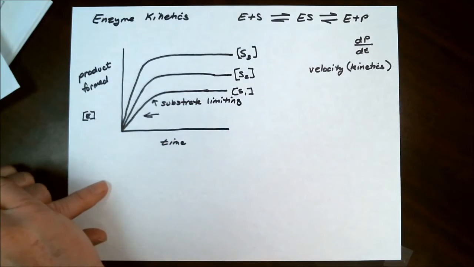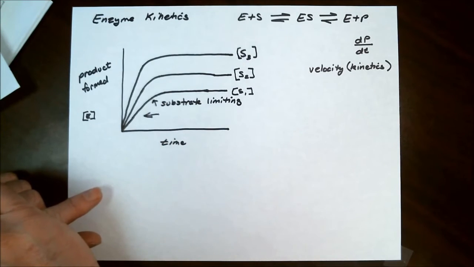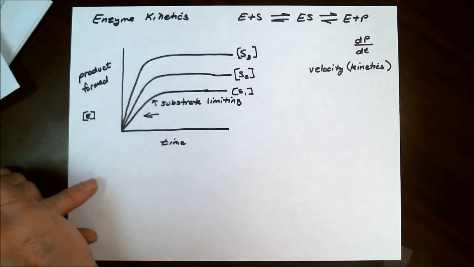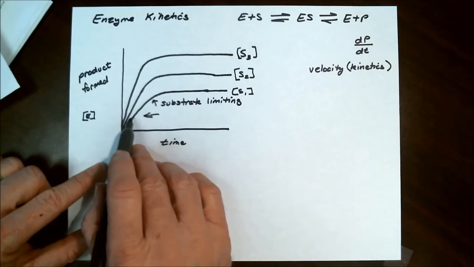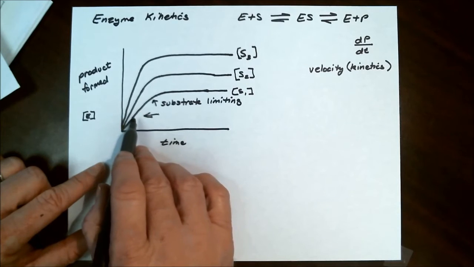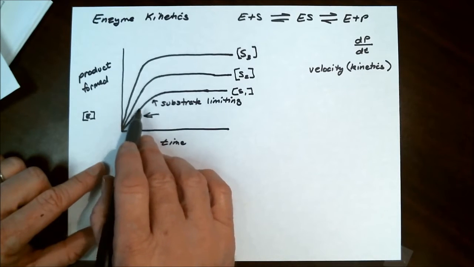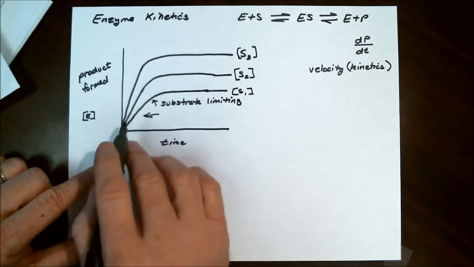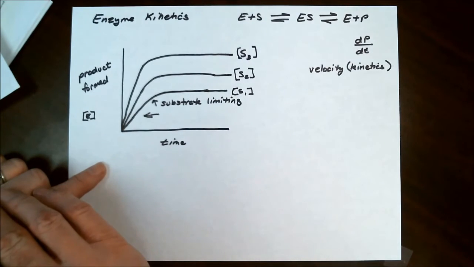This portion of the reaction is not interesting because we cannot determine the maximal speed of the enzyme based on a limitation of its substrate. So what we're interested in primarily is this region where we have maximal velocity at this particular substrate concentration.